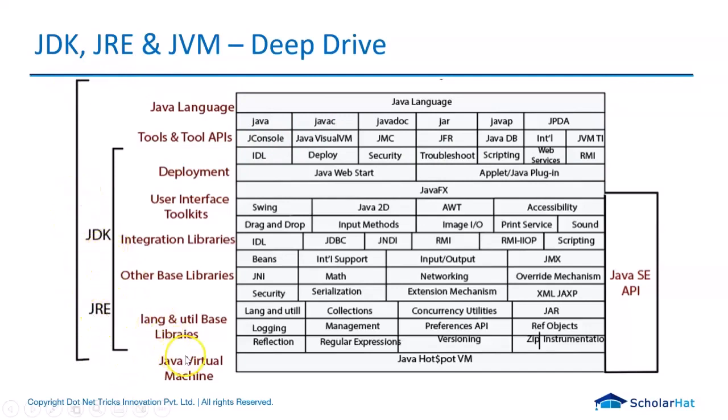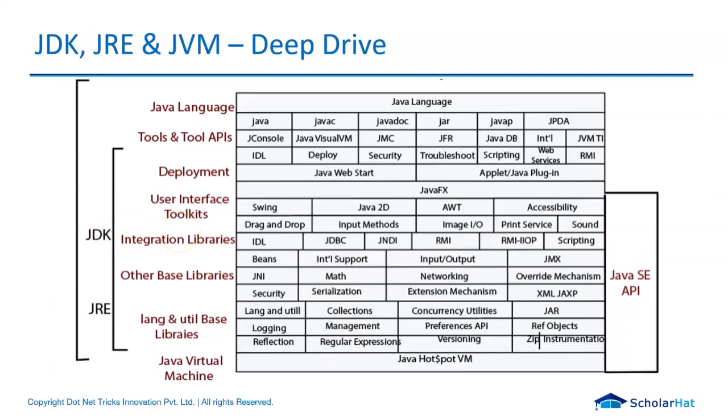JRE does not contain other development tools like compilers and debuggers. That's why we install JRE only to run Java applications, not to develop them. JVM also cannot be installed and it does not have physical existence. That's why we have the JDK setup where the bin folder path is required.